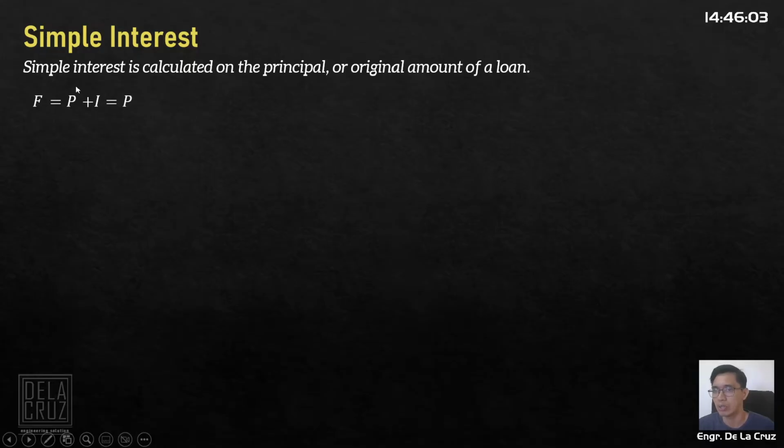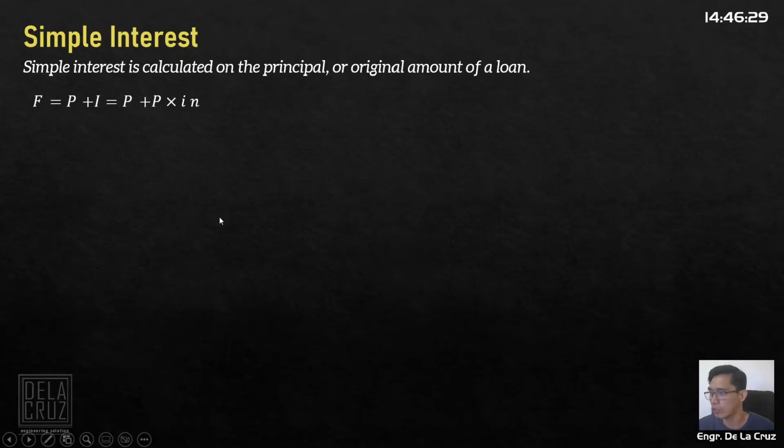Copy yung P. Yung interest, basta simple interest, is based sa percentage na tubo on the principal value. So, magiging P plus yung I natin, which is the P times the rate times the number of years, PIN.